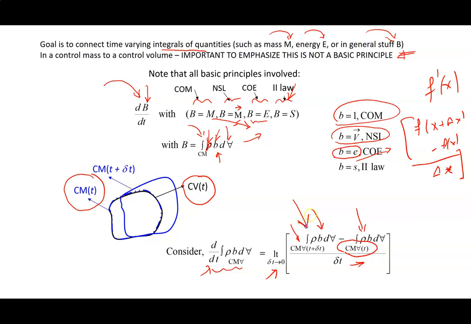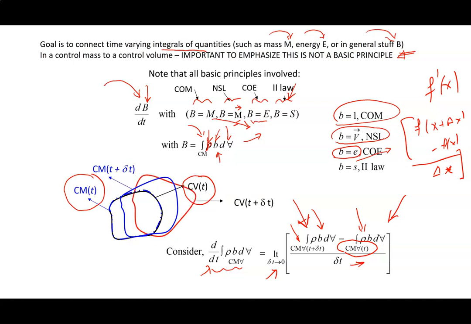Then I need to account for the integral over this new blue region, shown by this new blue line labeled CM at t plus delta t. That's what is happening inside this definition of the derivative d/dt of the integral of rho b dV over a control mass.